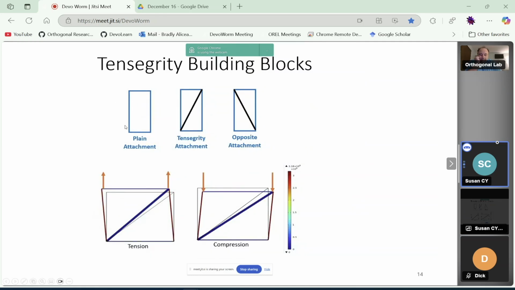This plane attachment didn't work at all. So I made tensegrity attachments with the strings in blue in this case, and the black is a bar. When you place these tensegrity structures in tension, they tend to curve a bit, and the same with compression.